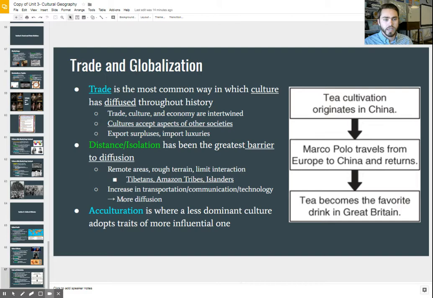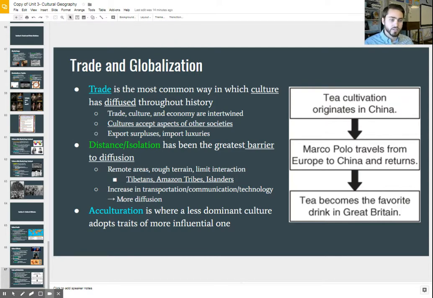But we are, as we talked about earlier, becoming more and more globalized every single day. And this is leading to more diffusion, and we're becoming even more of a global culture. And that will only continue to increase with the technology that we have. Eventually, we'll get to a point of acculturation where the dominant cultures in society will create one particular global culture in many ways.